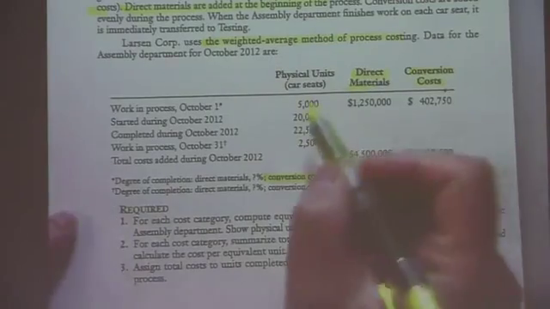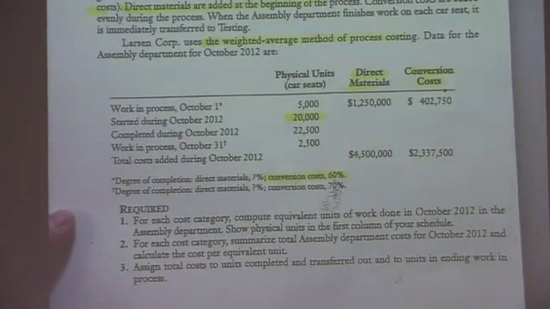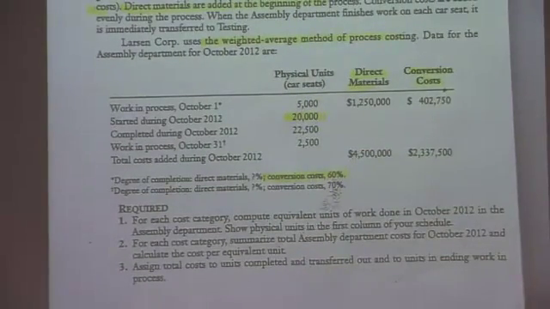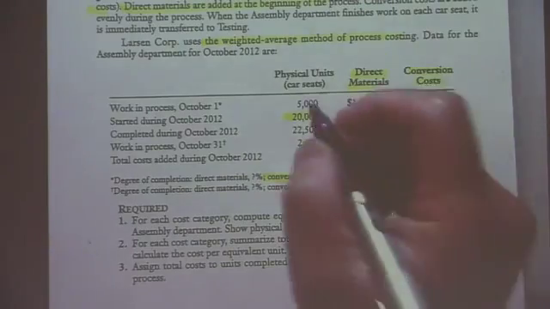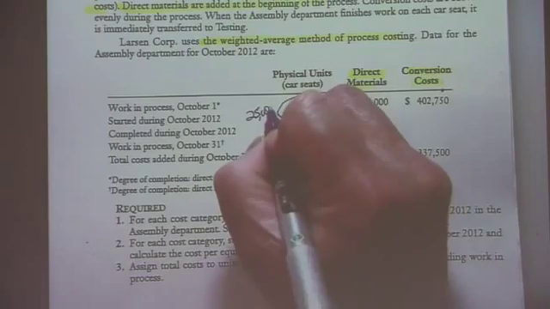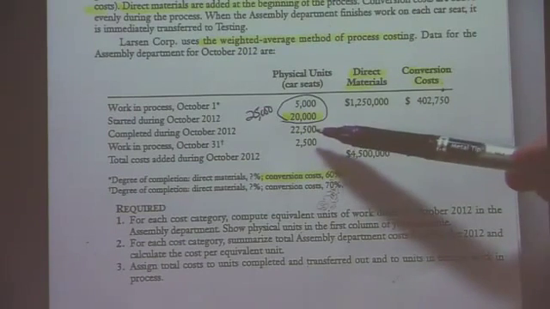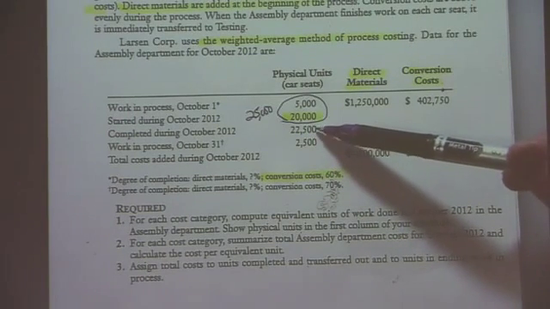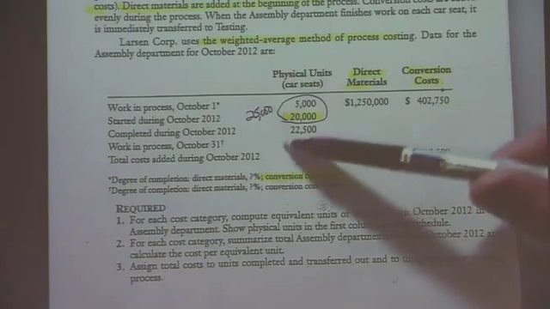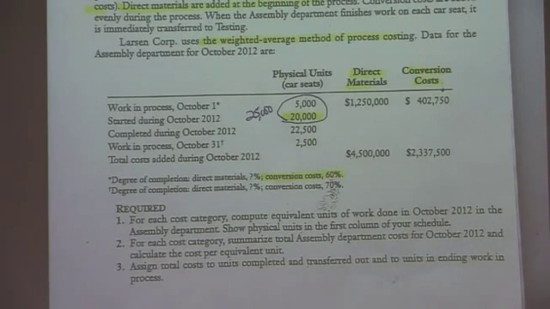Now, here is how many goods were started in October. So altogether, we have 25,000 units to account for. Now, of the 25,000, how many were completed? We're told that 22,500 were completed, which means that 2,500 are still remaining in work in progress at the end of the month.